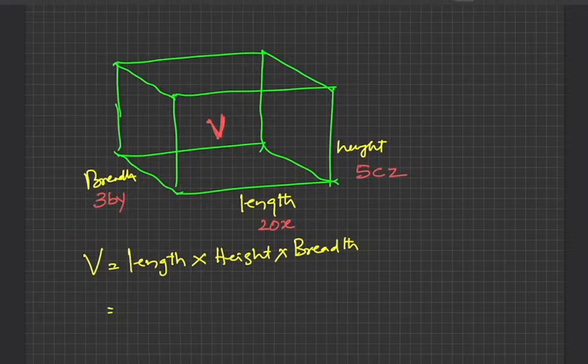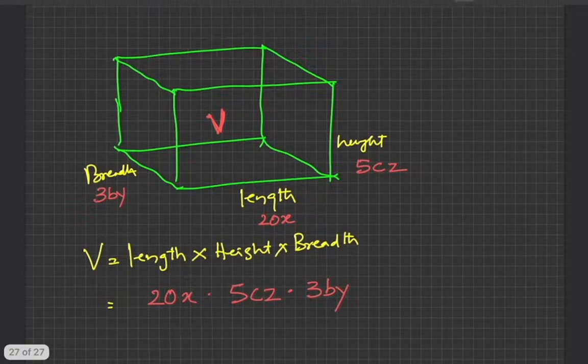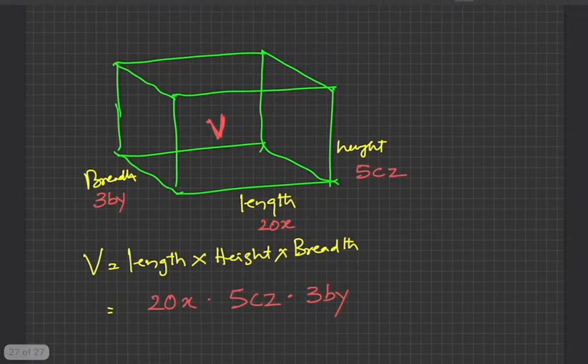We know the volume is length times height times breadth. Let's plug in the values. The length is 20x times height 5z times breadth 3y. Now we have to find the product of it. The volume is nothing but the product of length times height times breadth.